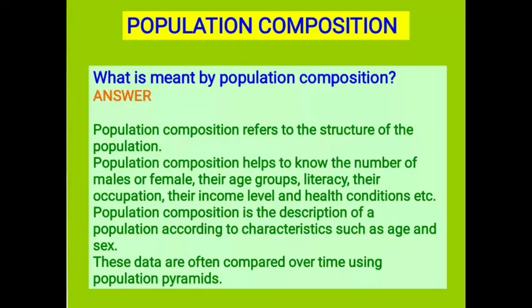We have also learned about the reasons for the uneven distribution of population. And we were also informed about the regions, that is, the areas that are densely populated and sparsely populated ones.